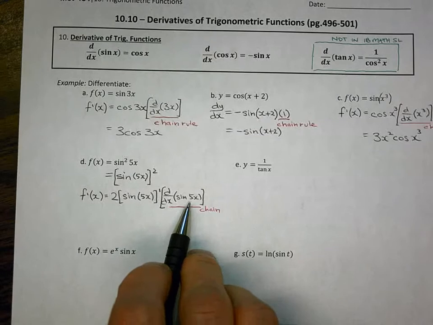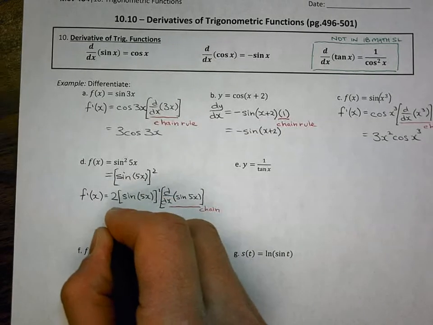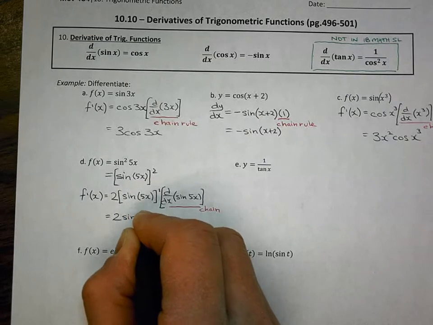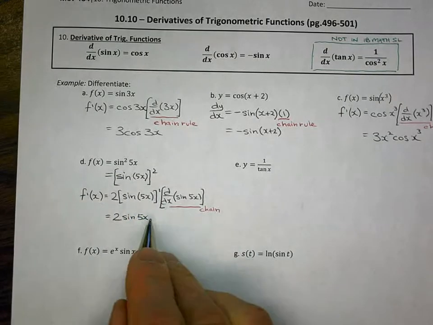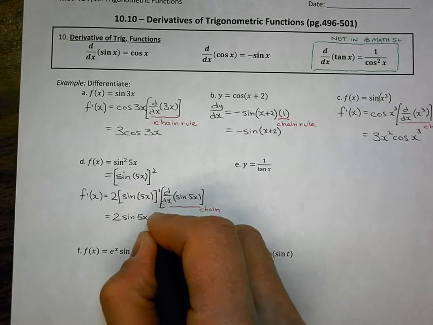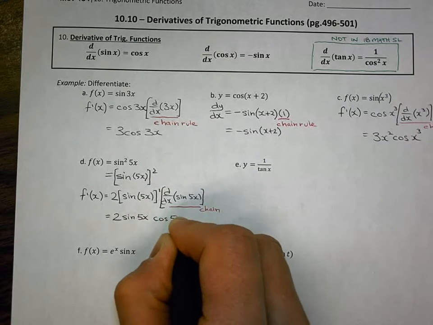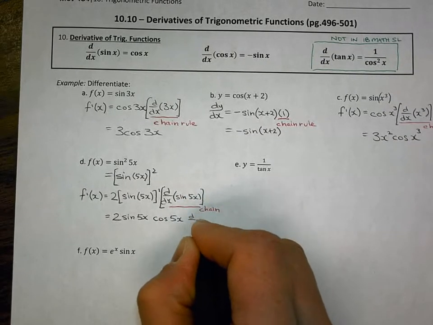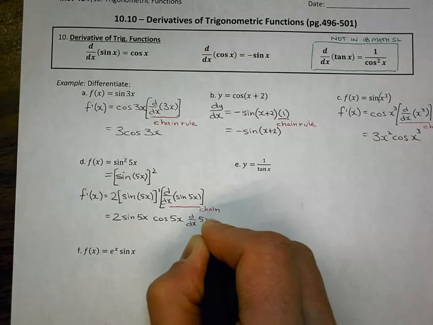But actually, I'm not done. What's the derivative of sine 5x? Look at what's happening here. I have 2 sine 5x now. And what's the derivative of sine something? It's cos something. Then I also need to take the derivative of the interior function again, which this time is 5x.